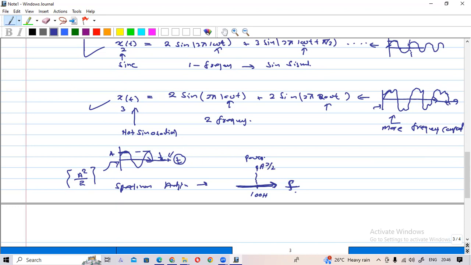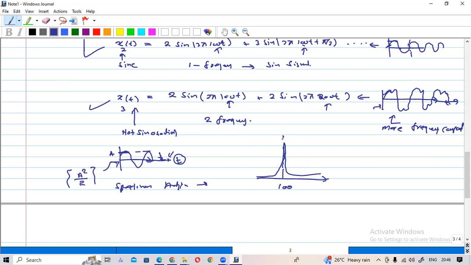So you will get this kind of peak in spectrum analysis. This kind of peak value you will see in the spectrum analyzer.